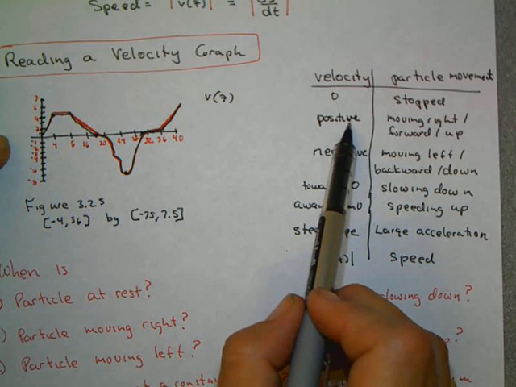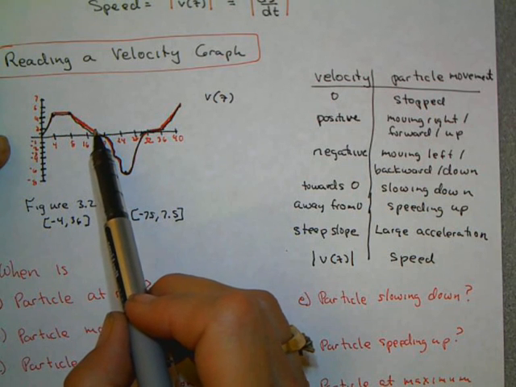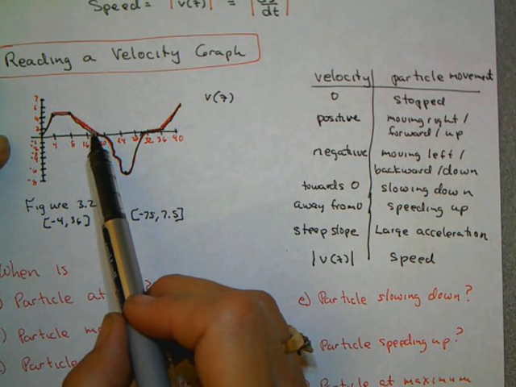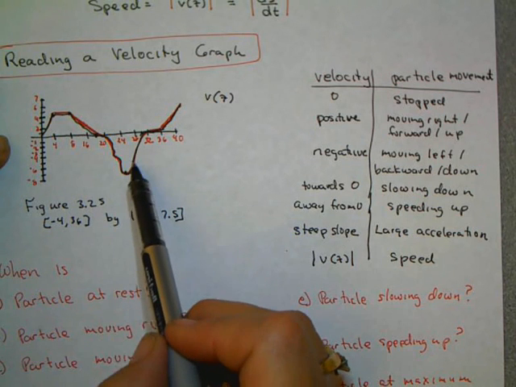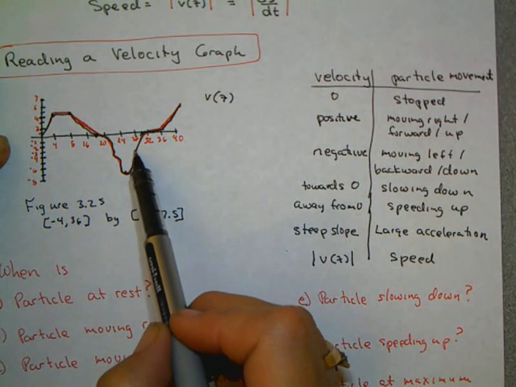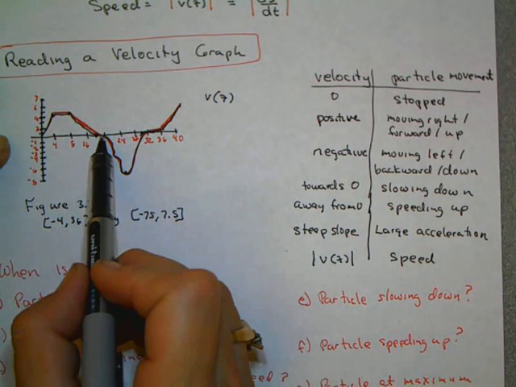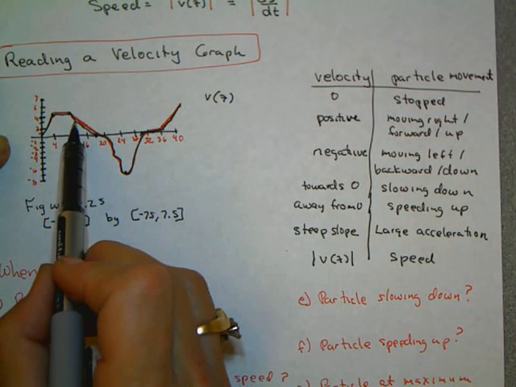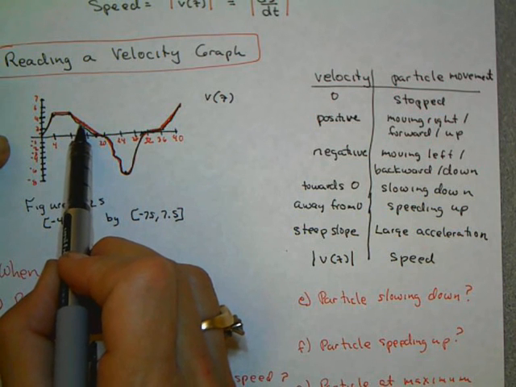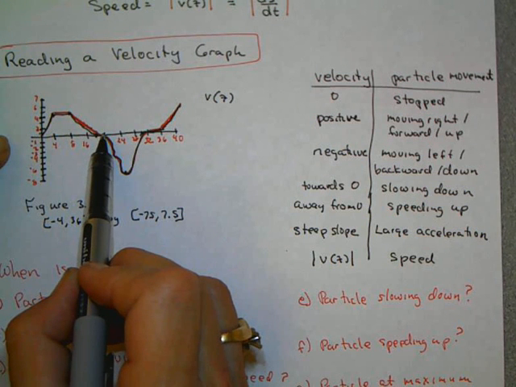Now, when the velocity is 0 at these points, that means the position is not changing. So the particle has stopped. If the velocity is positive, we think of the particle as going to the right, or forward, or up, if it's a weight. When it's negative, we think of the particle as going to the left, or backwards, or down.